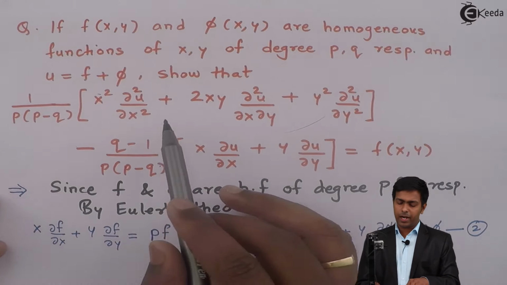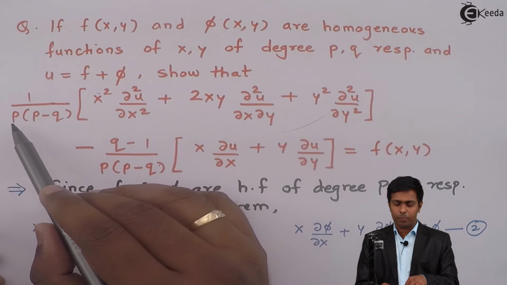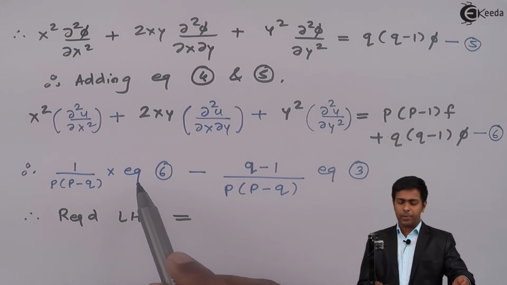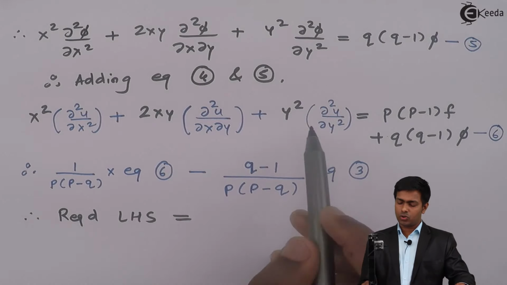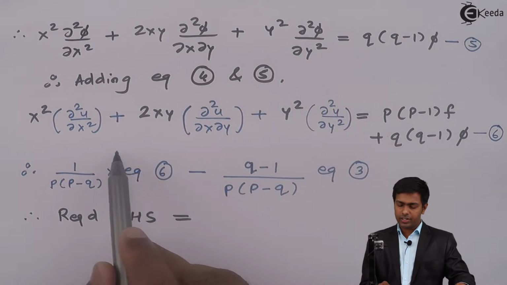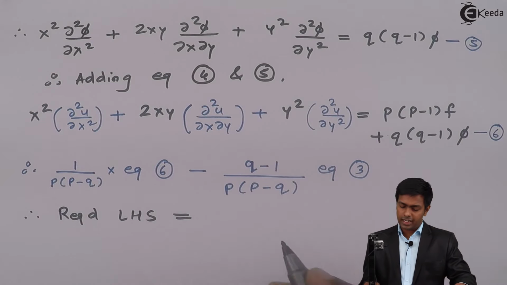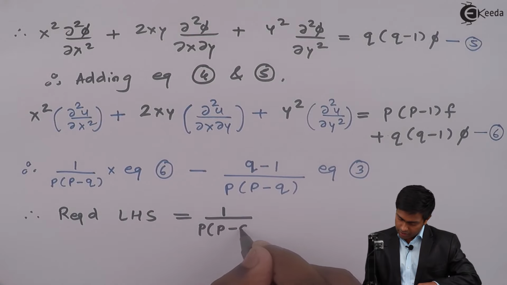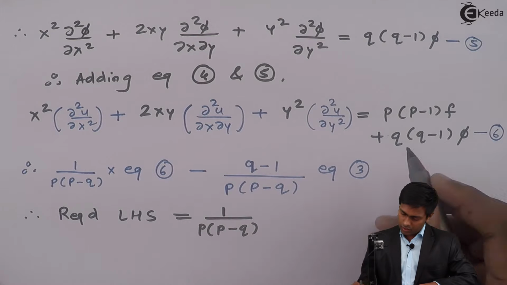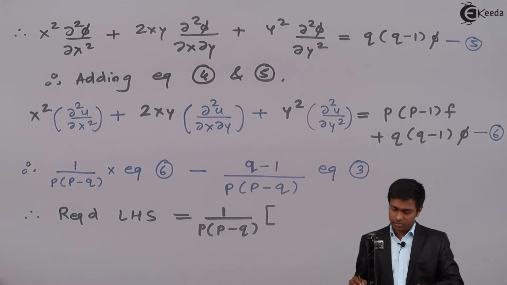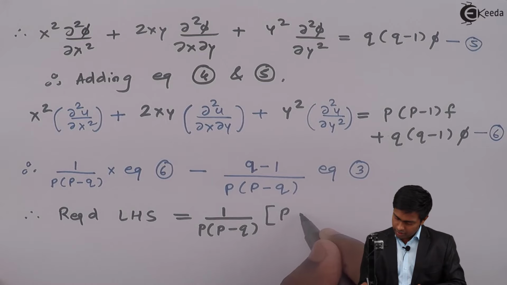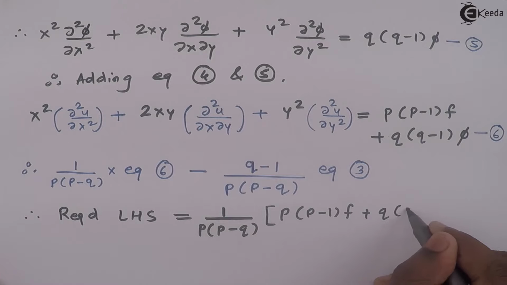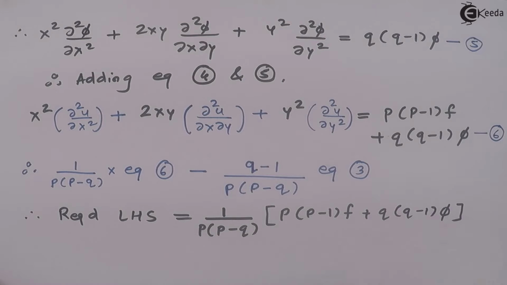So as we have multiplied the equation number 6 with 1 upon p into p minus q, we have to multiply that equation number 6 on both sides. So after multiplying left hand side we got this term. After multiplying right hand side we will get 1 upon p into p minus q inside the bracket, here p into p minus 1 into f plus q into q minus 1 into φ.